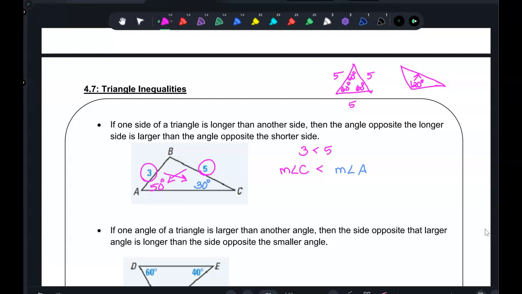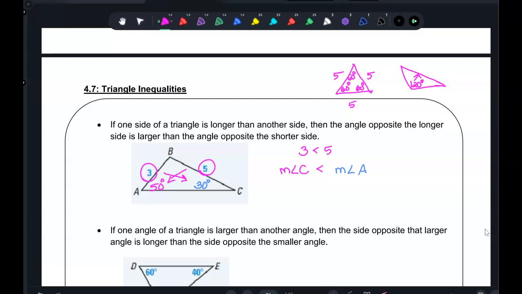Think about making an angle with your hands. The closer my hands are together, the smaller the angle. What if I open up my hands? What happens to the angle? It's bigger. Okay, that's how a triangle will work.